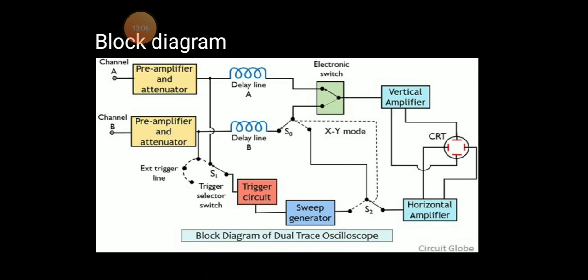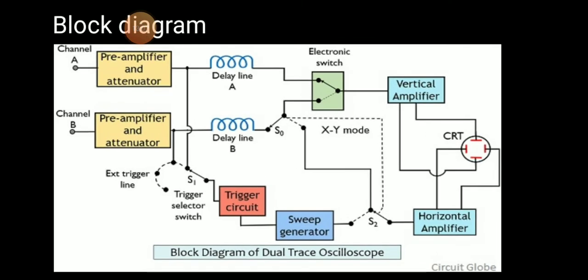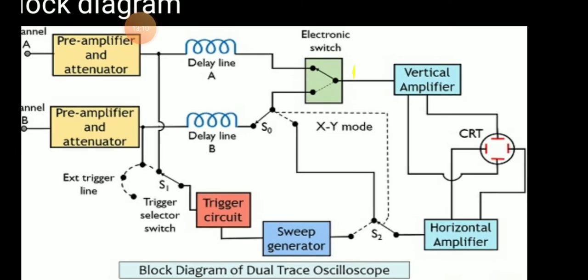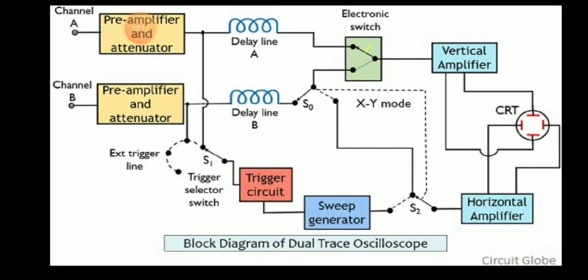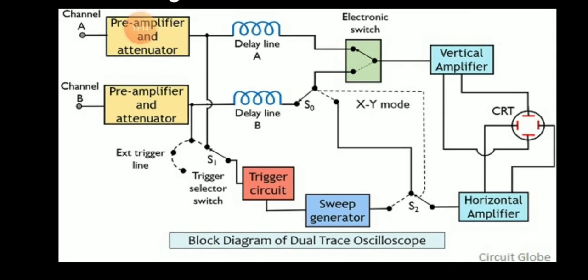This is the block diagram of the dual trace oscilloscope, as shown in the figure. We'll move on to the construction. In this type of CRO, a single beam is split into two to produce two images.